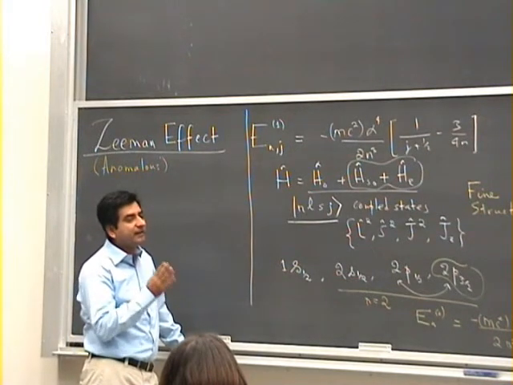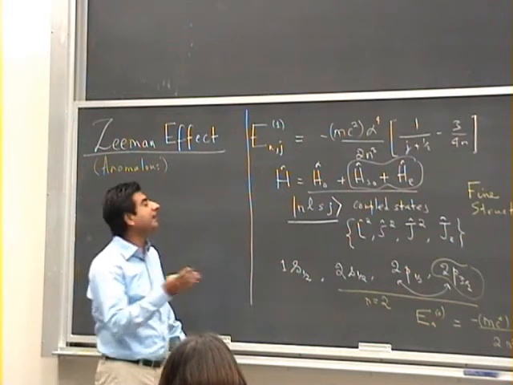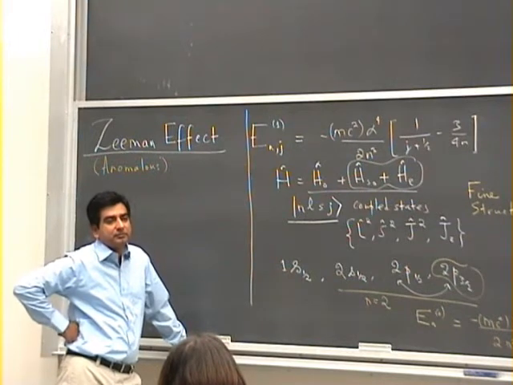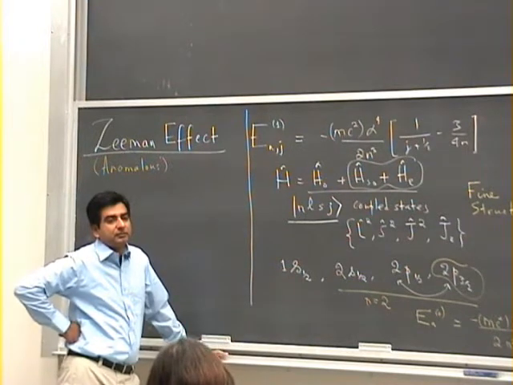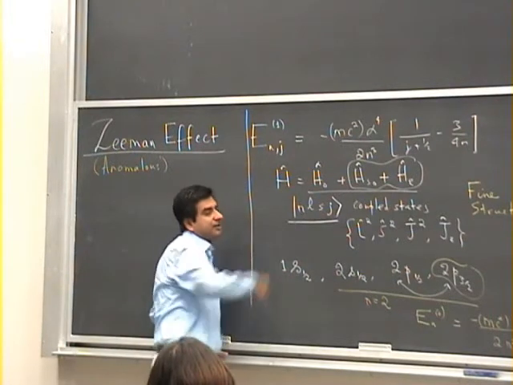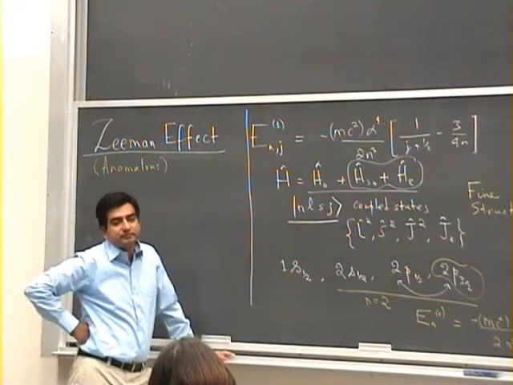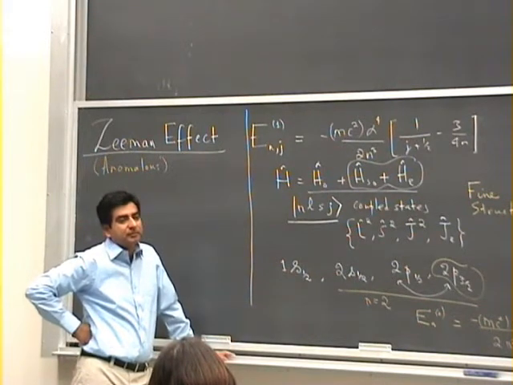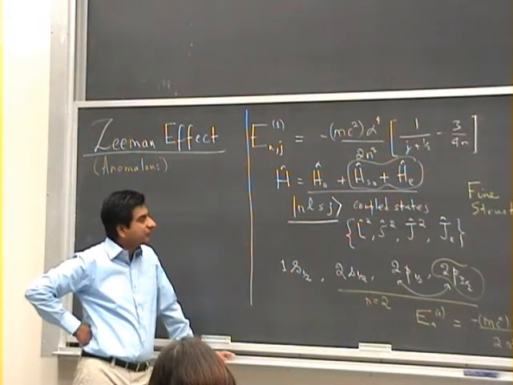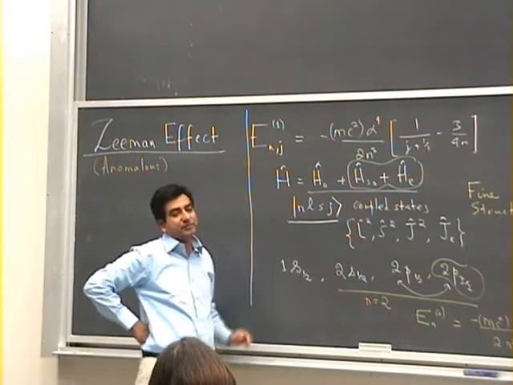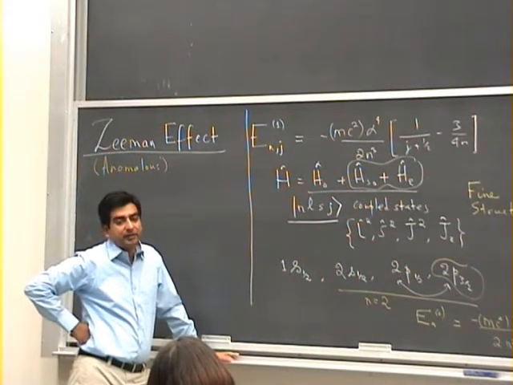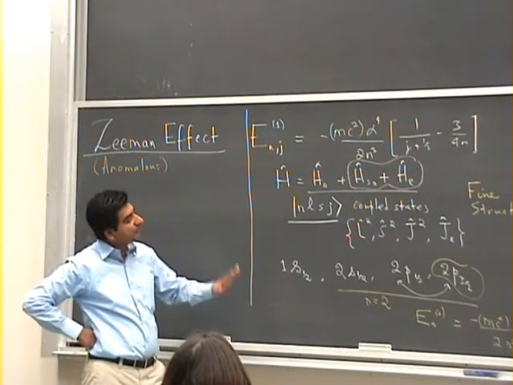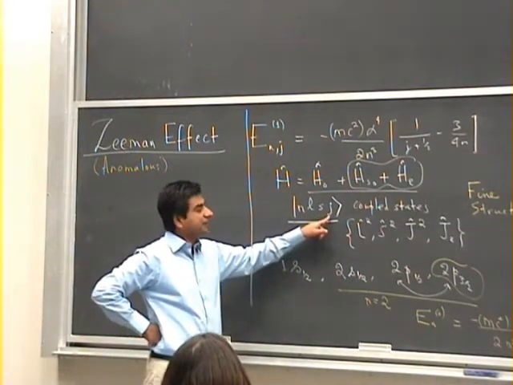For example, how many electrons can come into this one state, one n l s j? Only one? Two or four? No, the degeneracy has already been lifted because that's why we have defined a J.